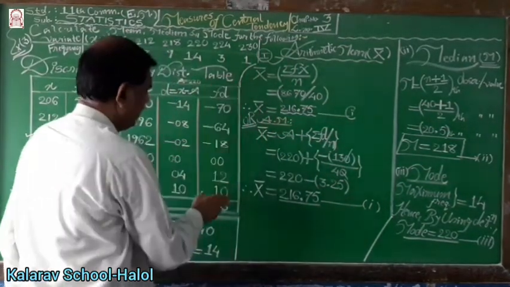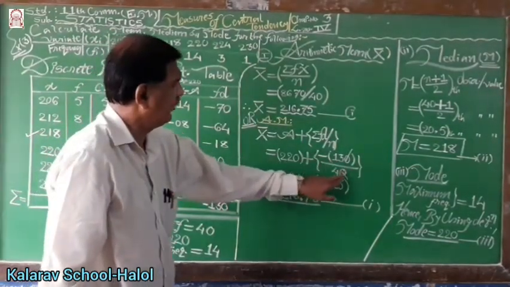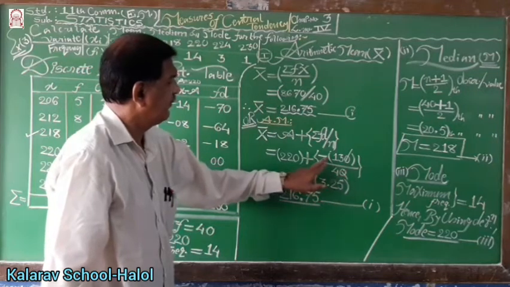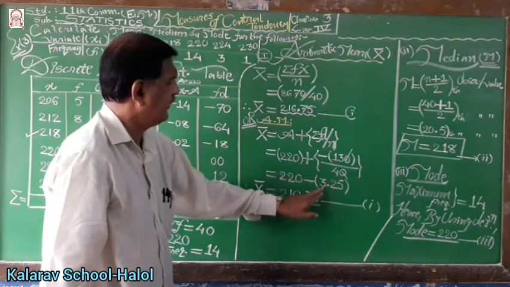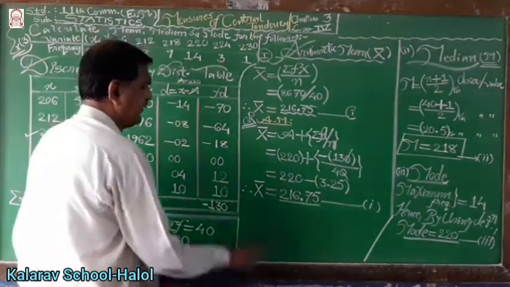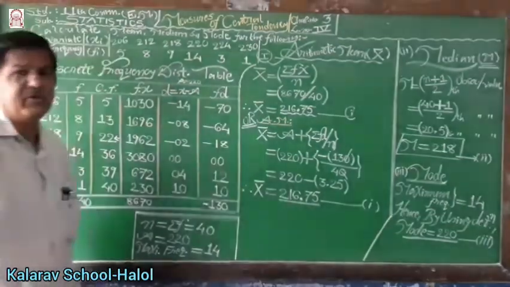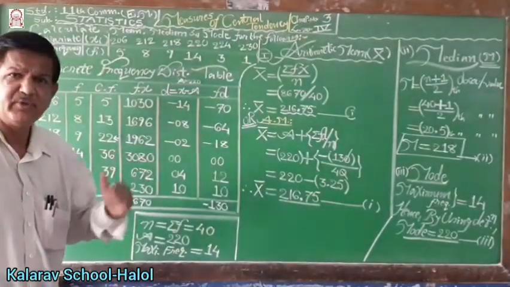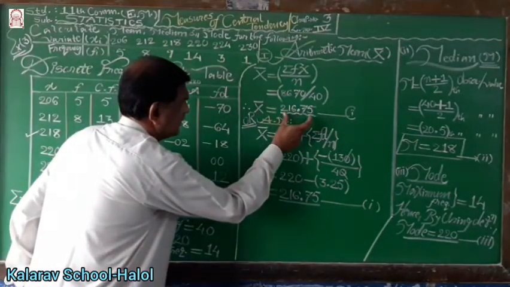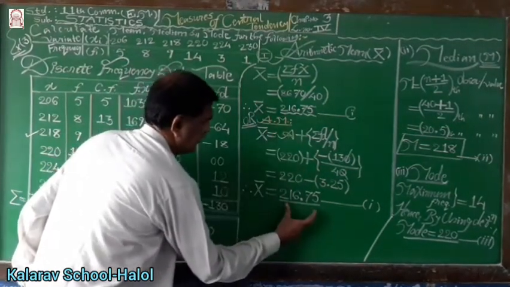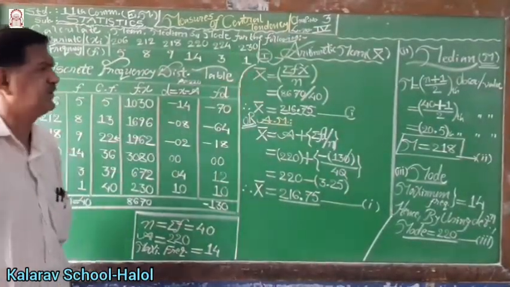Total of fd is minus 130, minus 130 upon 40, cut the zero, minus 13 upon 4, minus 3.25. Therefore, ultimately the answer will be 216.75. By using either of the two methods, the answer of arithmetic mean remains the same, 216.75. You may apply any one of these two methods.